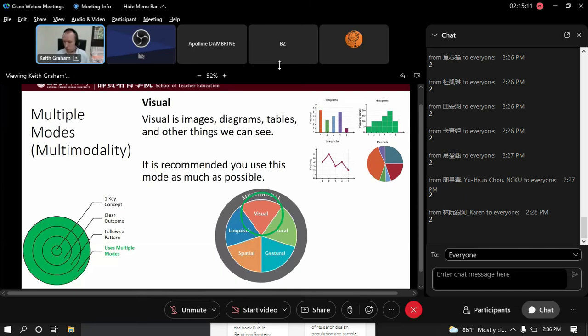Giving students those visuals is very important. It helps support the things that you're doing with the linguistic mode and perhaps with the oral mode as well. Generally speaking, the more visuals, the better. In fact, if you think you can explain a concept only using visuals, then do it. Because in many subjects, if we show the visuals, students will see that and be able to do it.